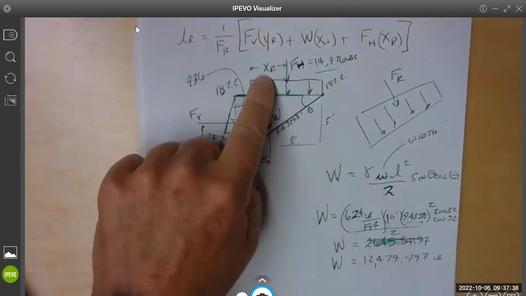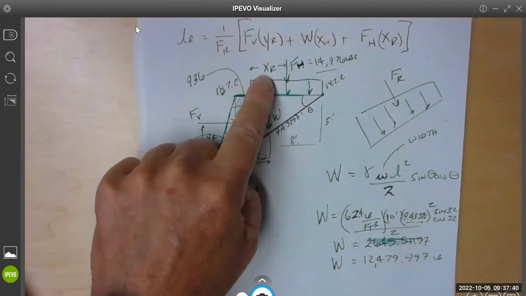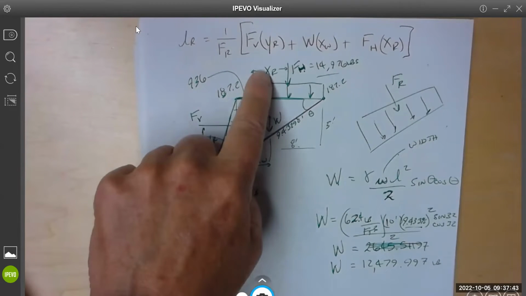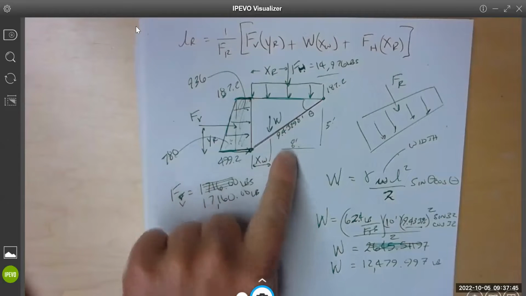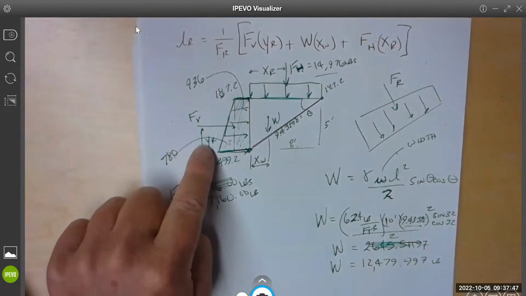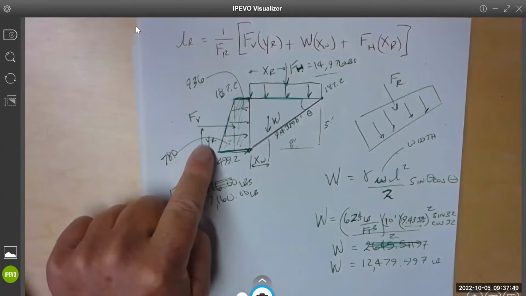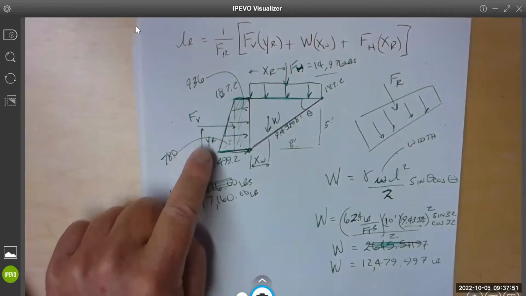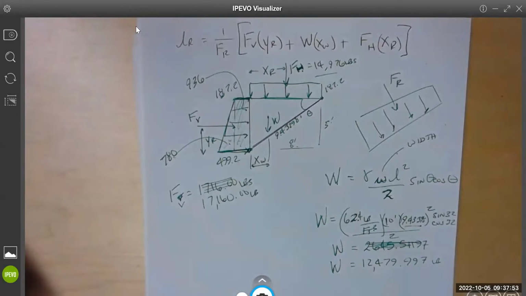So then what's X sub R? Yeah, should be 4, 1/2 of 8. And then what is Y sub R? Oh boy. I bet they give us a Y sub R equation. I'll see if I can find it.